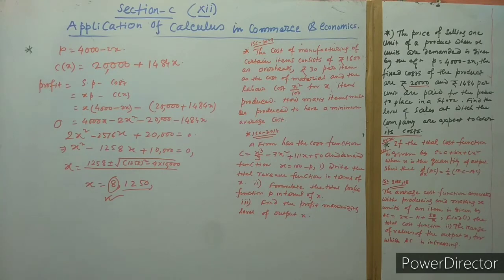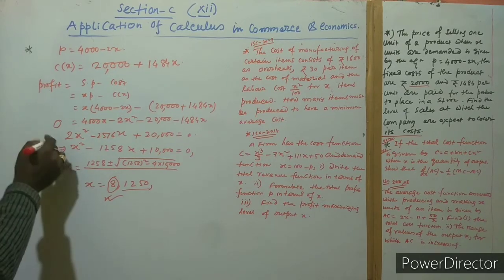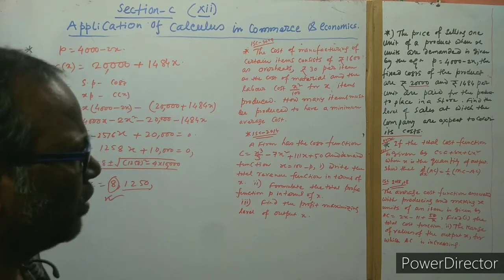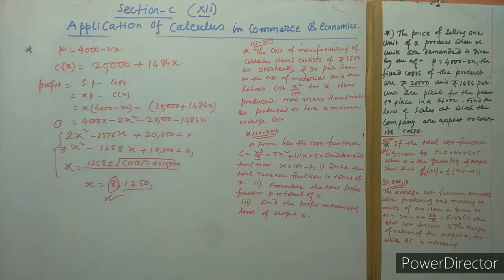So that means profit equal to 0. So we get this equation. So apply the Sridharacharya formula, we get here the value of x is 8 and 1250. Okay, so this value would be accepted. So the number of units be 8. Then the expected cost to cover. Okay, so this is your answer for the first question in the table.